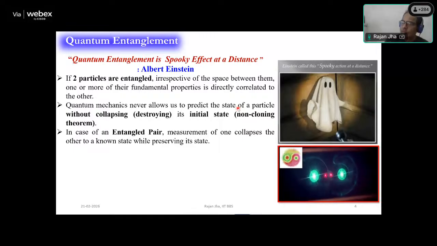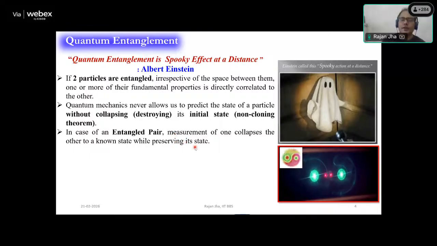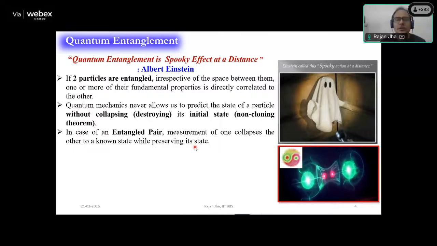But one of the very important concepts in quantum mechanics is that if you want to measure some particular state, then it will collapse. Quantum mechanics never allows you to predict the state of a particle without destroying the state which it wants to measure.